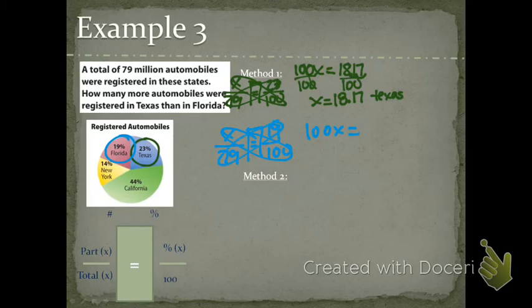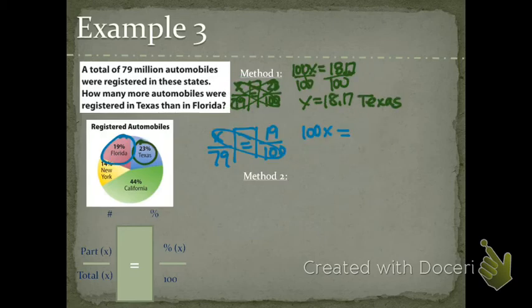Okay, so then 79 times 19, we get 361. Divide 2 times to the left, so we get 3.61. Okay, totally did that wrong, so I'm doing the math again. So we have 100x, 79 times 19, we get 1,501. Divide both sides by 100. Okay, 2 times, so I get 15.01.